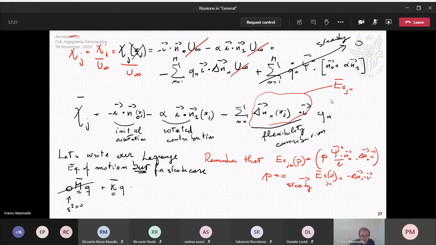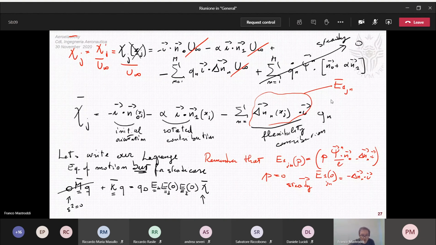And here, this is equal to the dynamic pressure, the E4 matrix, which is not depending on P or the Laplace variable, the E3 matrix, which is depending on P, but in this case this is 0. So we have the E3 matrix at 0 P by the E2 matrix at 0 P. And here we should have the vector of the boundary condition, which are the input for our aerodynamic.